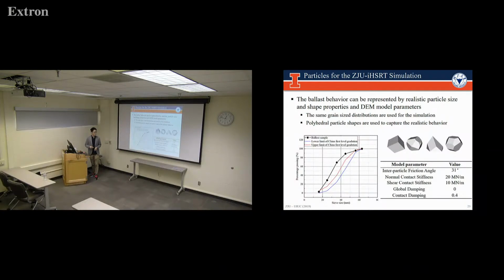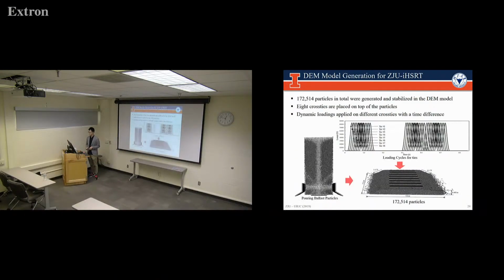Some of these are the inputs for the DEM simulations. Overall, 170,000 particles were generated and stabilized in the DEM model, and 8 concrete ties were placed on top of the ballast layer. The dynamic loadings, as seen here, are applied on different concrete ties with a time difference, because we are trying to model the train moving over different ties.